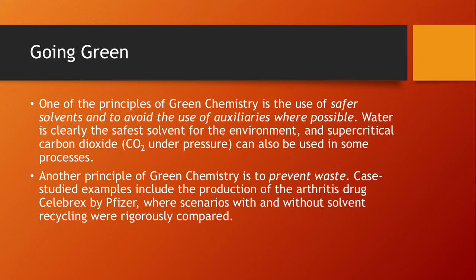Another principle of green chemistry is to prevent waste. Some examples include the production of the arthritis drug Celebrex, where scenarios with and without solvent recycling were rigorously compared. So we're going to be talking about green chemistry later on, but it does have a big environmental impact.